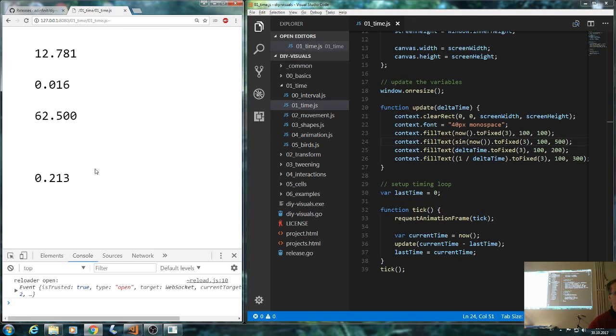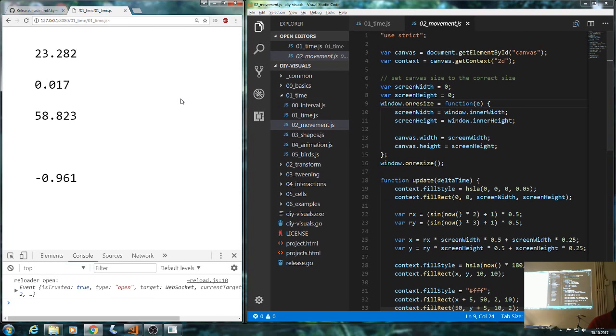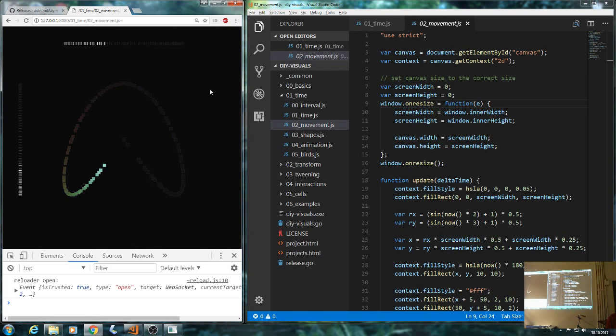Okay, now we can start moving on to the actual interesting stuff: we can start drawing moving things.